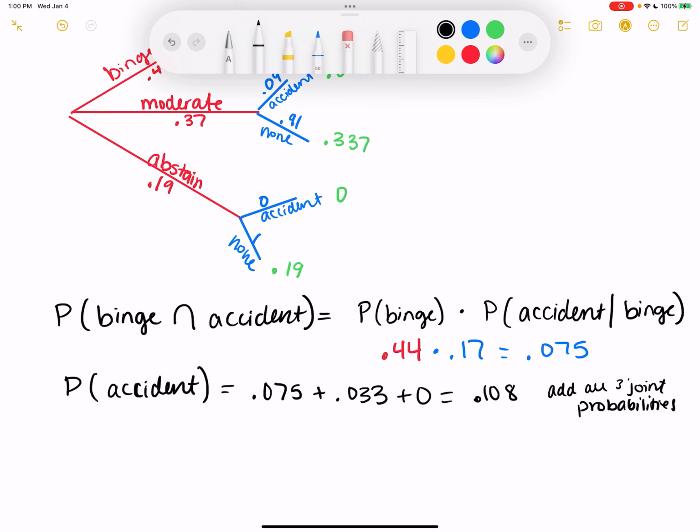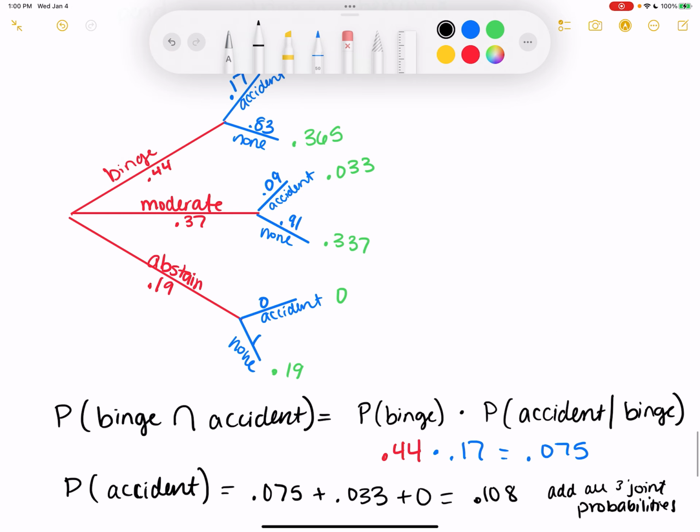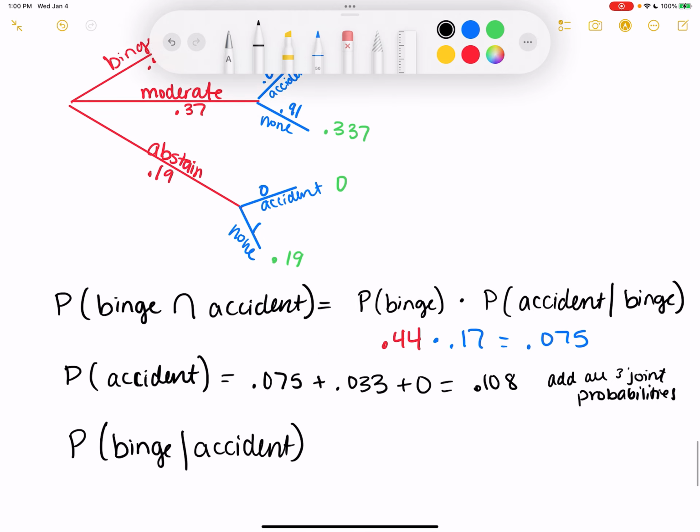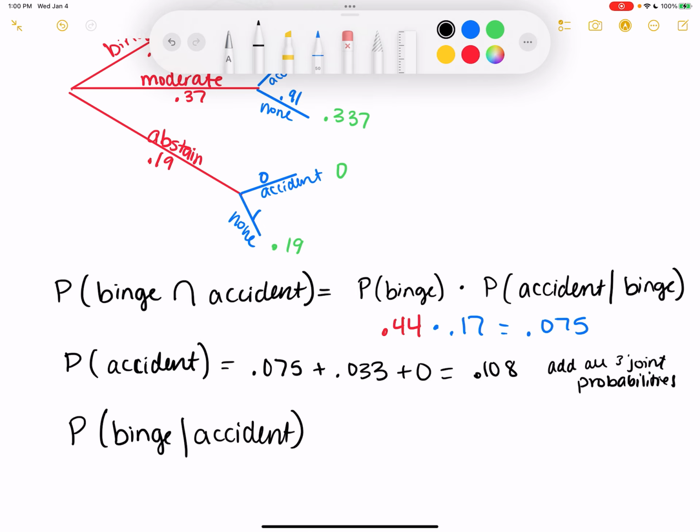And if we wanted then, just for the last one here, the probability that they binge given that they've been in an accident. So this one we can't just get off of just looking up here. We have to do a little bit of calculation. This would be the probability that they binge intersected with an accident divided by the probability that they've been in an accident.